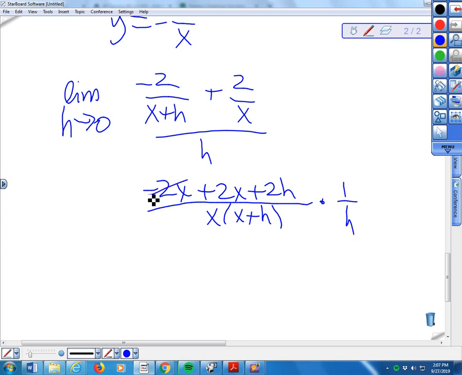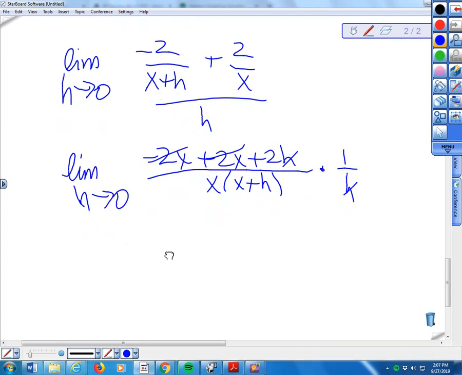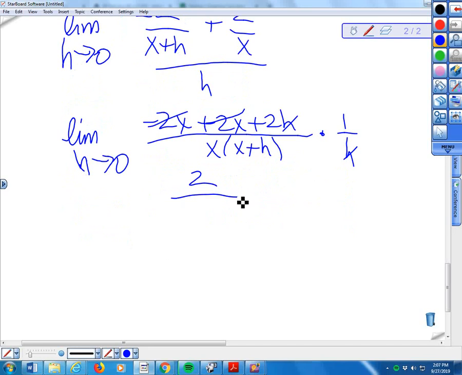This cancels. This cancels. This is the limit as h goes to 0. So I'm left with 2 divided by x times x plus h, which is equal to 2 divided by x squared.